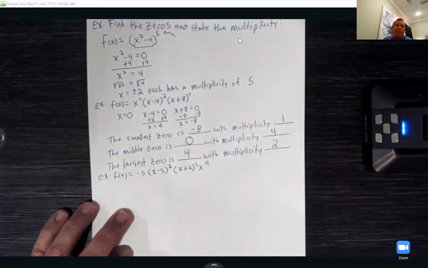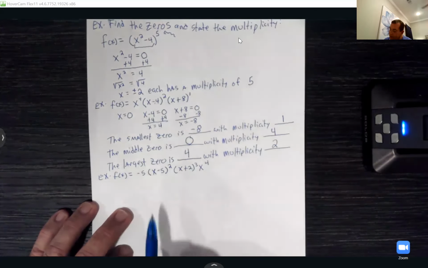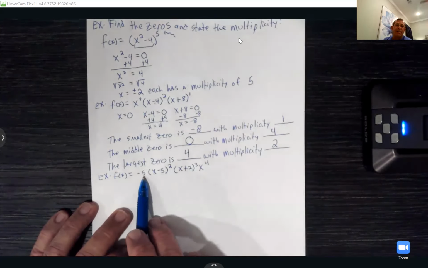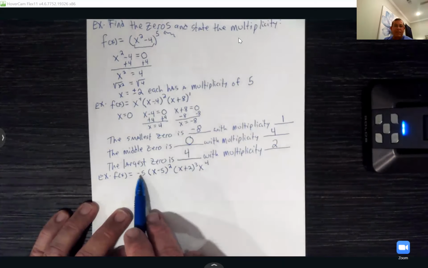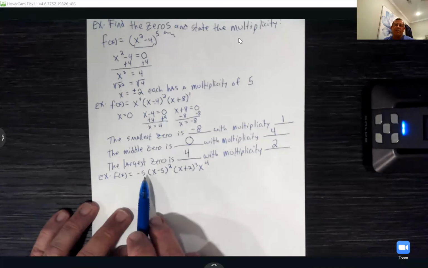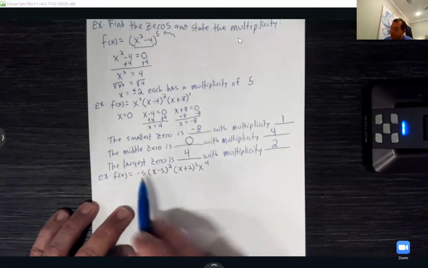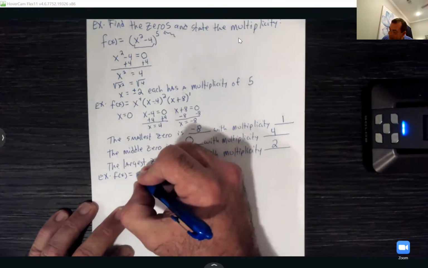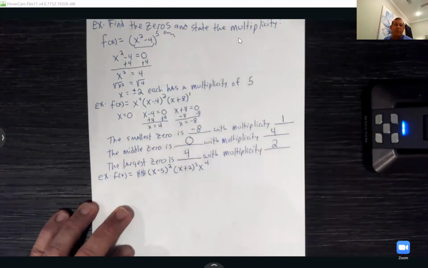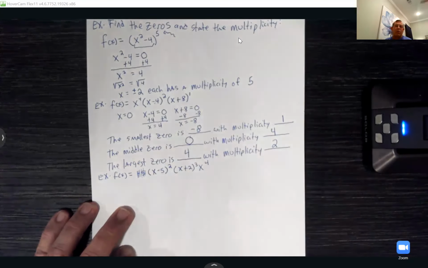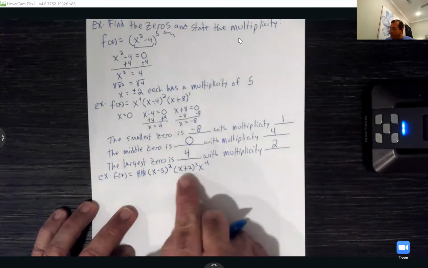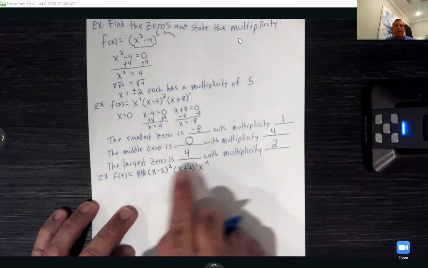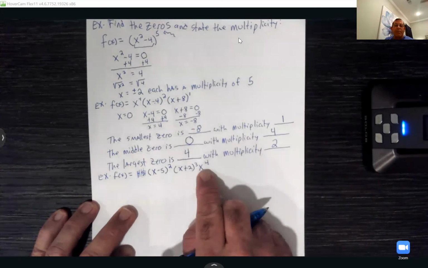All right. We're only concerned with factors that have variables. So y'all see this -5 sitting in the front? It has no variable with it, and there's no way I can set a -5 equal to 0. So that -5, we can sort of cross that out. It has no bearing on our zeros or the multiplicity, okay?